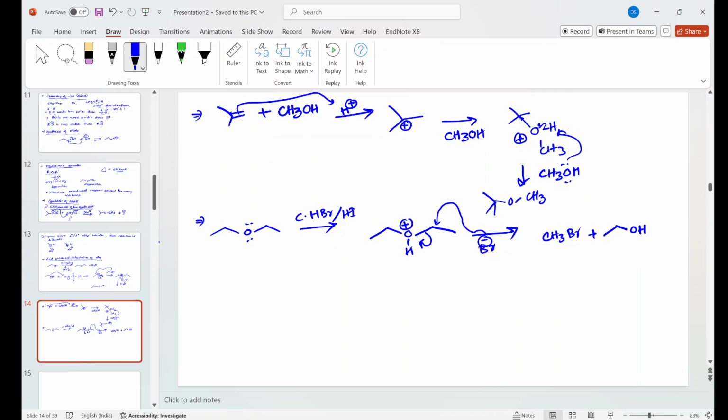Okay, so thing to note is that only HBr and HI will react in this case, not the HCl. And if you have some more stable ether, like having 2 degree or 3 degree groups, in this case also you will get H plus Br.